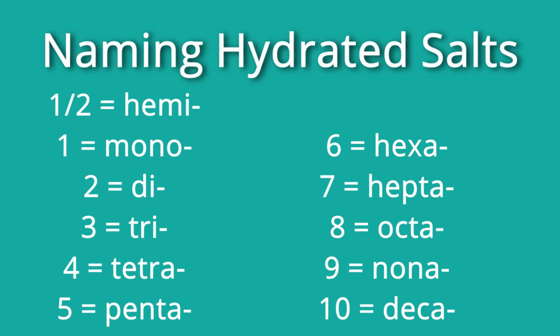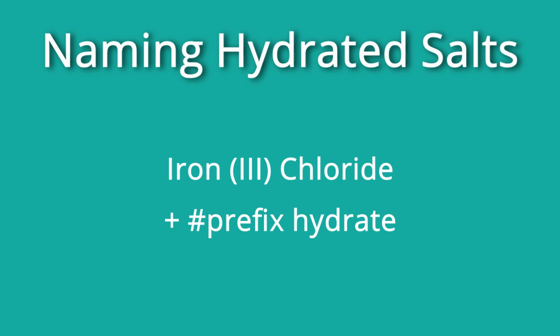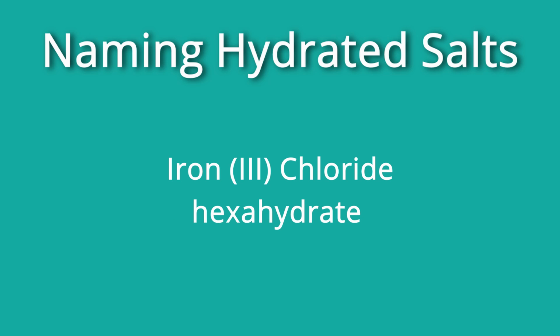For 2, di, 3, tri, 4, tetra, 5, penta, 6, hexa, 7, hepta, 8, octa, 9, nona, and 10, deca. So you add a prefix to the word hydrate. So our iron chloride becomes iron chloride hexahydrate if it has 6 molecules of water that are sitting inside those salt crystals. And that's essentially everything you need to know about ionic compounds.